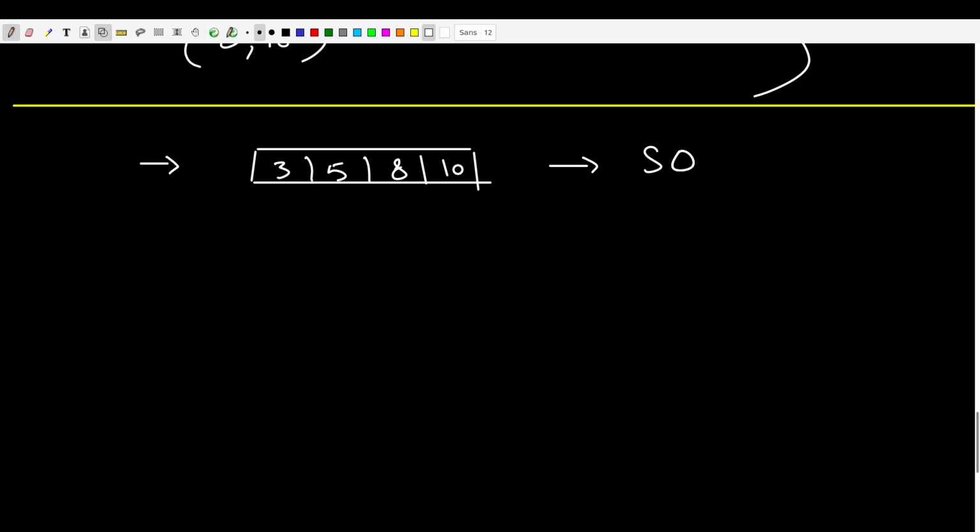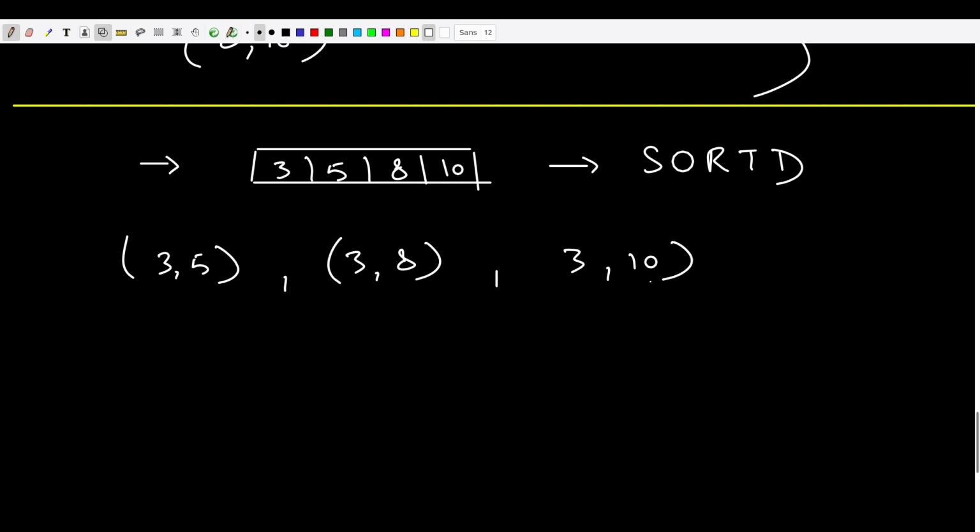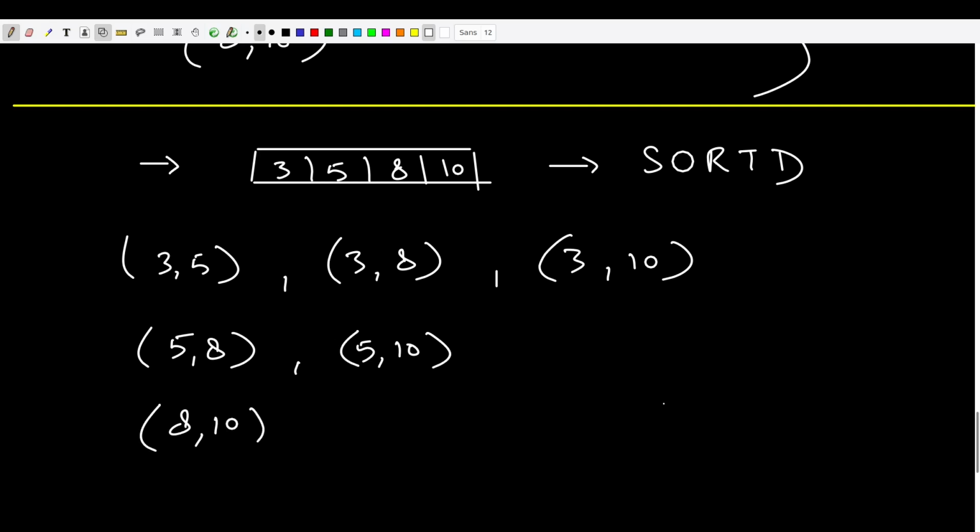Let us now write down the pairs here. The pairs were 3, 5 and 3, 8 and 3, 10. Similarly, the pairs are 5, 8, 5, 10, and 8 and 10, right? So these are the 6 pairs which we have.